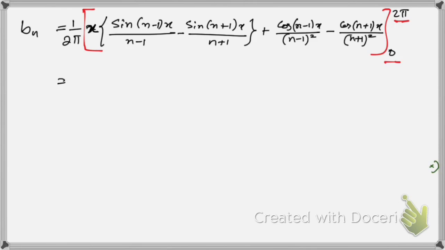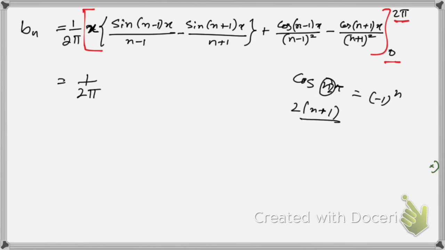For the 1 by 2 pi, if you put 2 pi here, that is going to be 1, because cos n pi is minus 1 to the power n. If you put 2 pi, 2 into n or 2 into n minus 1, or 2 into n plus 1, 2 into anything is always even.